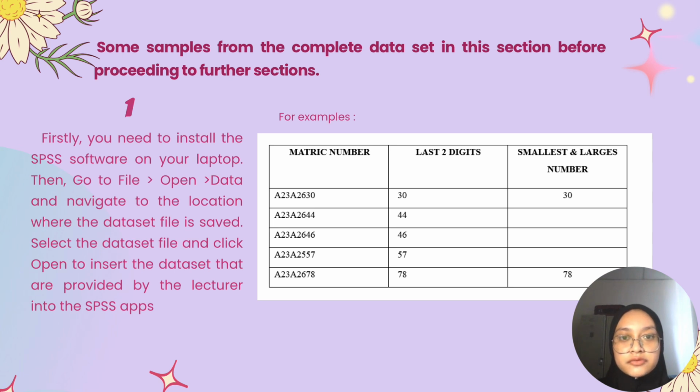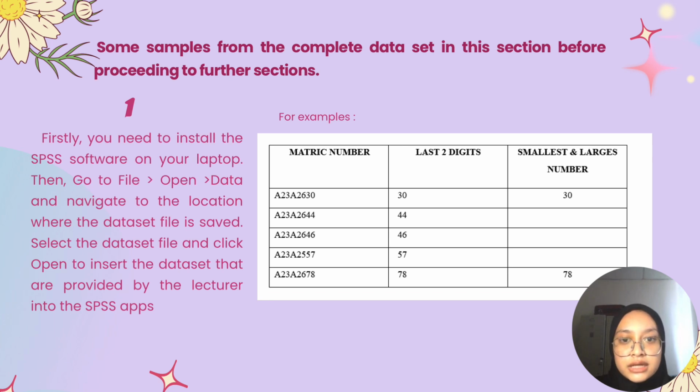Next is sampling from the complete dataset in this section before proceeding to further sections. Firstly, you need to install the SPSS software on your laptop, then go to File, Open Data, and navigate to the location where the dataset file is saved.